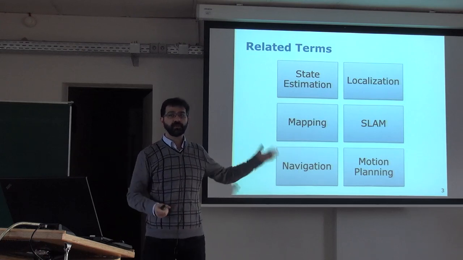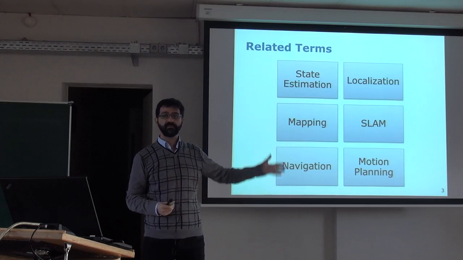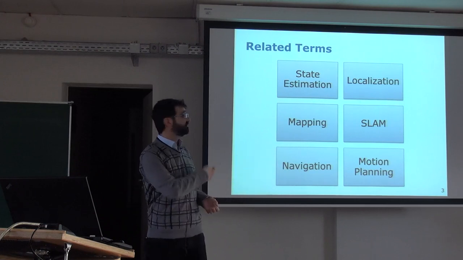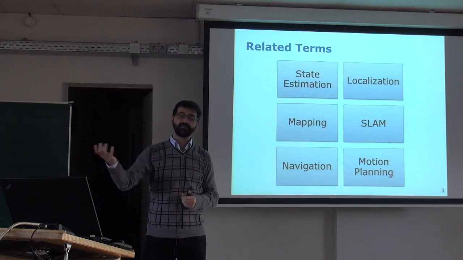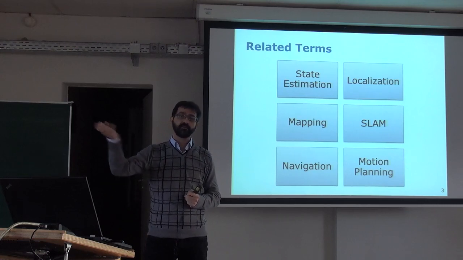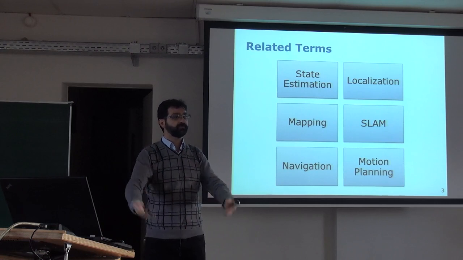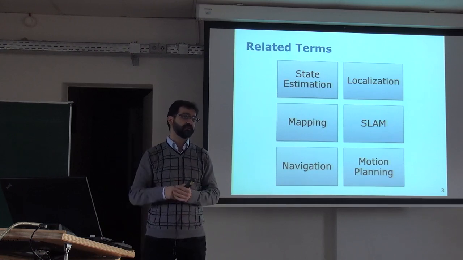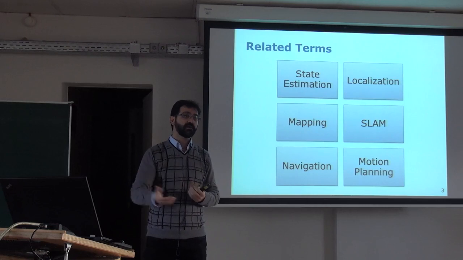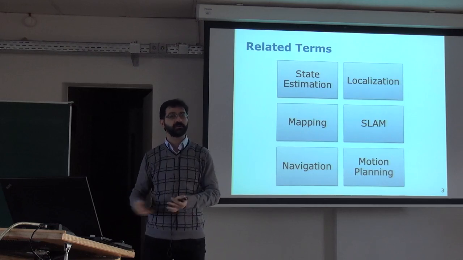If you look at mapping or SLAM or localization, basically this is also a state estimation problem. Our state is the position and the orientation of the robot over time. It evolves according to the encoders that we have in the wheels, and you get some measurements out of either cameras or sonars or laser scanners.